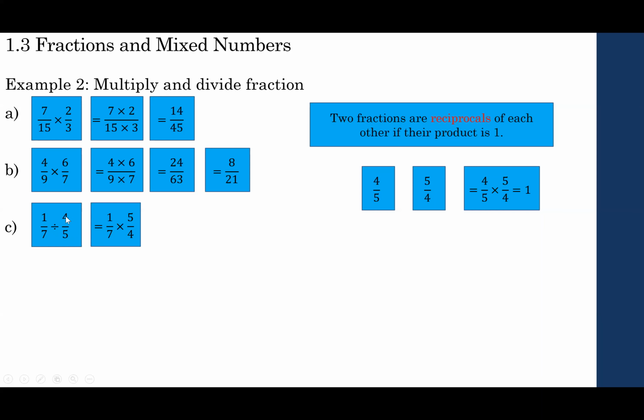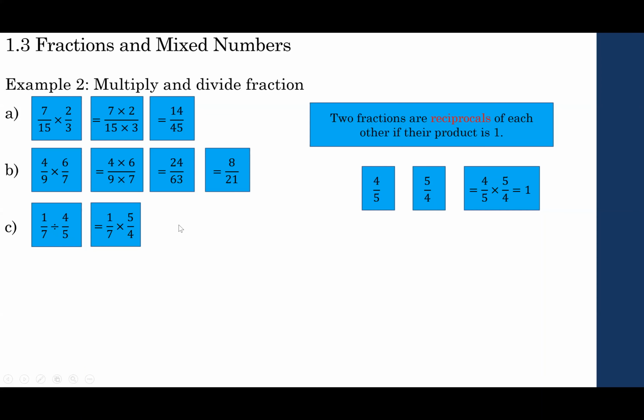So the rule is: keep the first item, change it to multiplication, and then flip the second item, or take the reciprocal of the second item. Keep the same, change to multiplication, and take the reciprocal. Now this problem is just like problems A and B. How do I multiply?